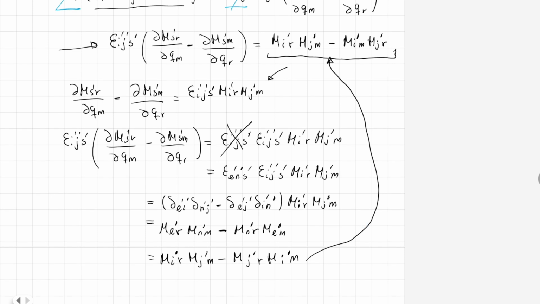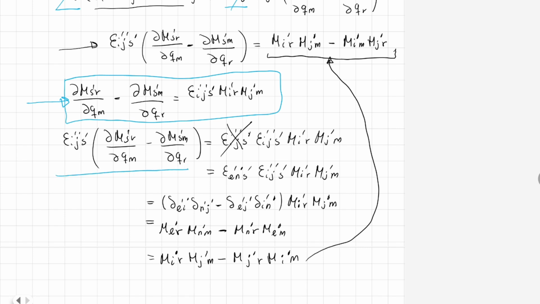And what have we shown? Well, that if we start from this equation that we have here, we can get to this and this to be equal. So that means that this equation is equivalent to this equation that we have here.